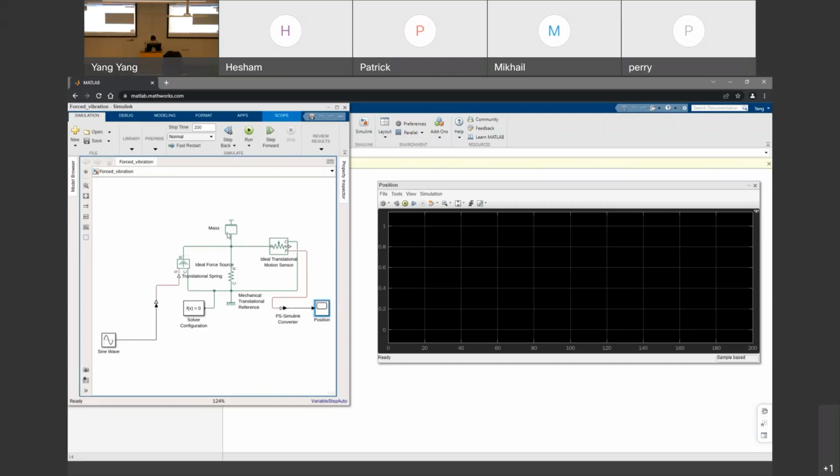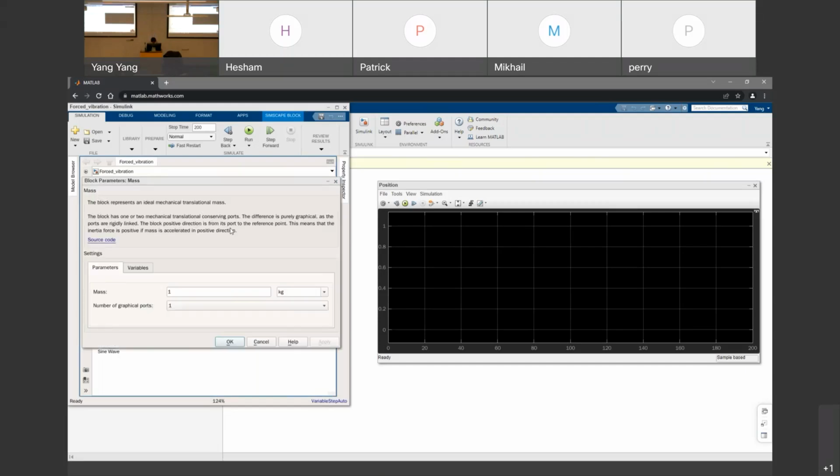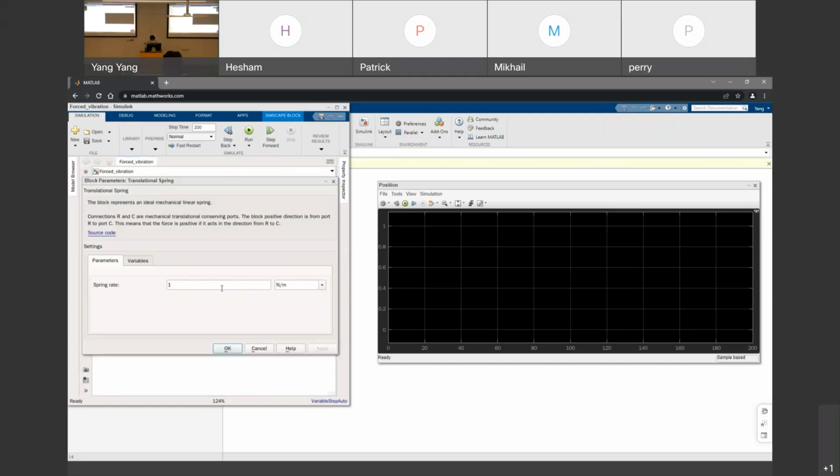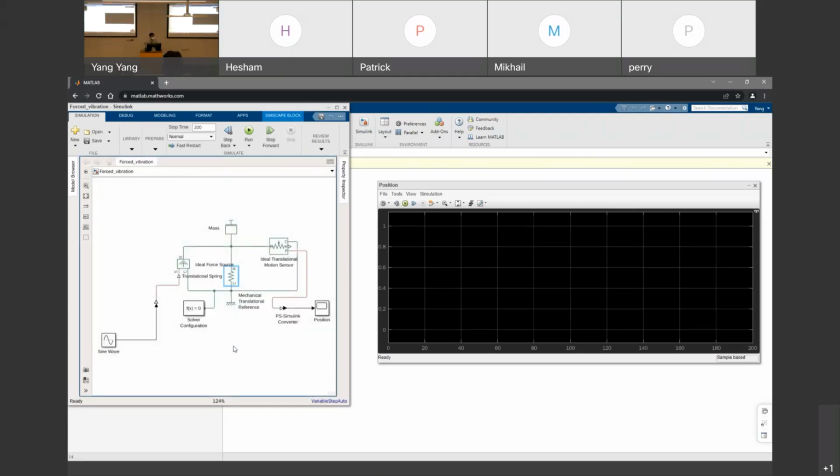If we take a look at the mass property over here, for example, the mass of this system is equal to 1 kilogram. And we have the spring over here, which is equal to 1 Newton per meter. So what's the natural frequency of the system?